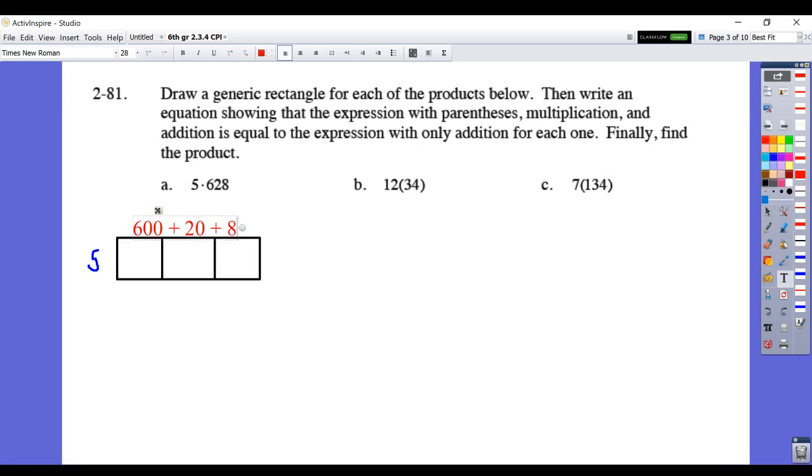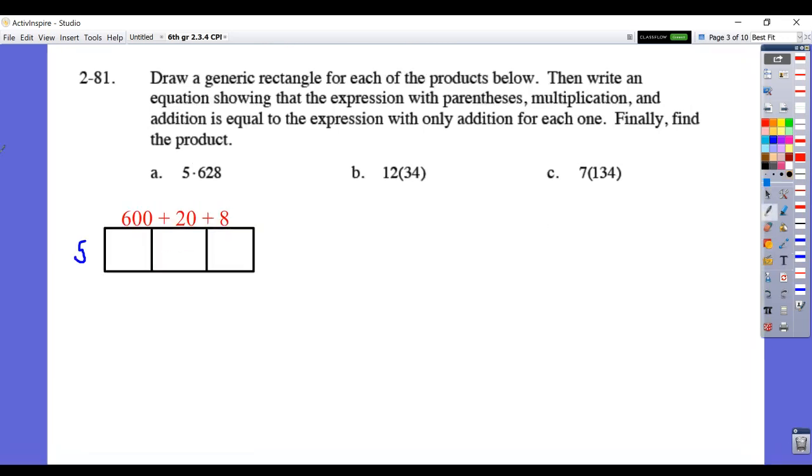And then the 5 times 600, well, 5 times 6 is 30. Adding the 2 zeros when you multiply gives you 3,000. A little messy, but hopefully you can read it. 5 times 20, 5 times 2 is 10, and then add the 0. And then the 5 times 8 is 40.